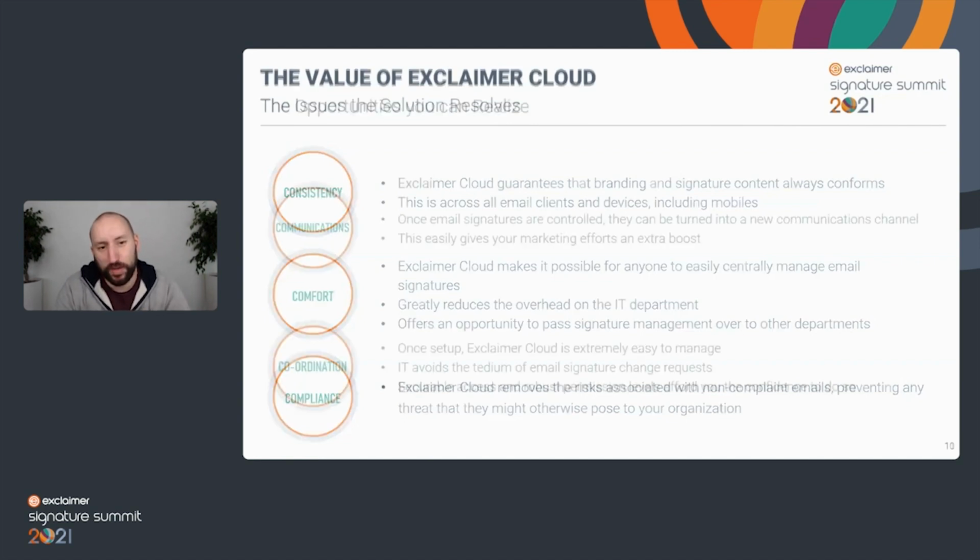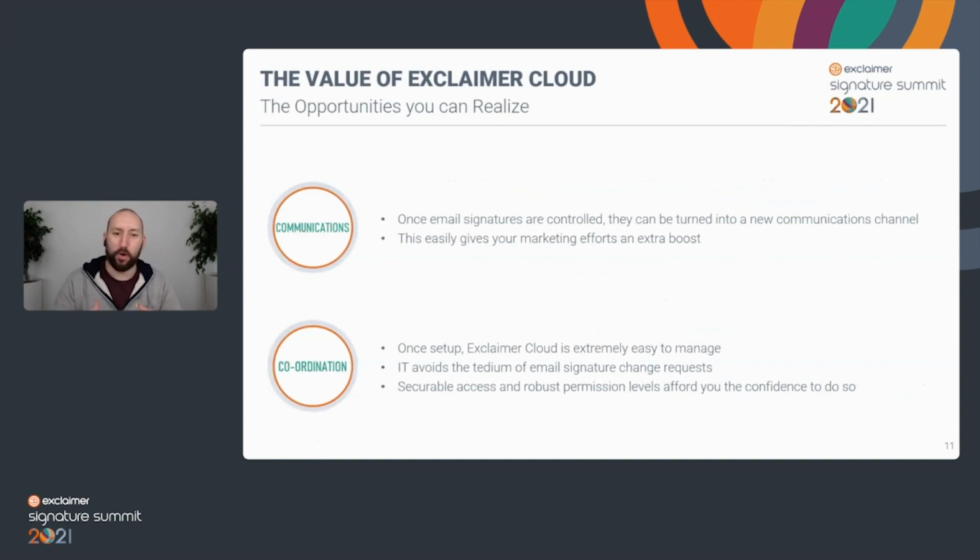But it is also true that there are some opportunities you can realize further down the line. Once email signatures are controlled with our tool, you can really easily turn email signatures into a new communications channel for your business. It can really give your marketing efforts an extra boost.